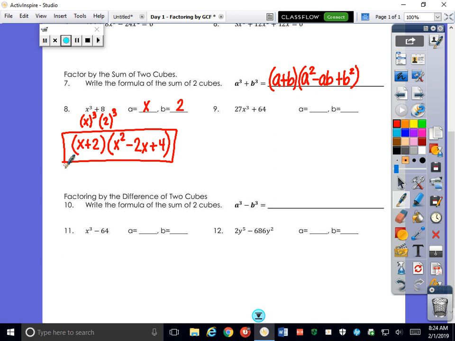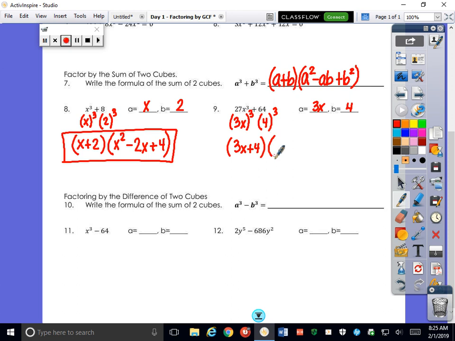In number 9, we had 3 that was cubed, and we had x that was cubed. So 3 cubed got us 27, and x cubed got us x cubed. Over here, 4 cubed gets us 64. So my a value is actually 3x, and my b value is a 4. So when I do a plus b, it's going to be 3x plus 4.